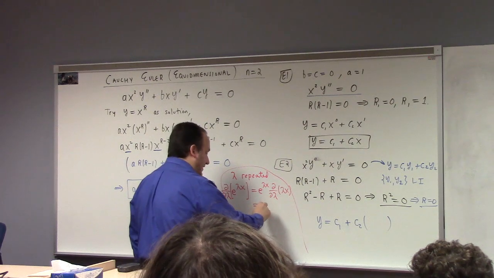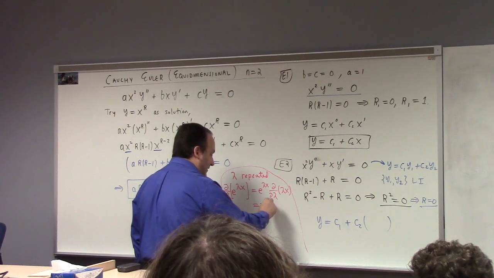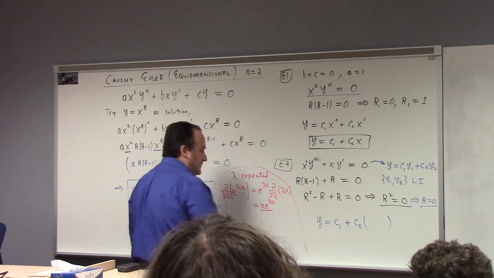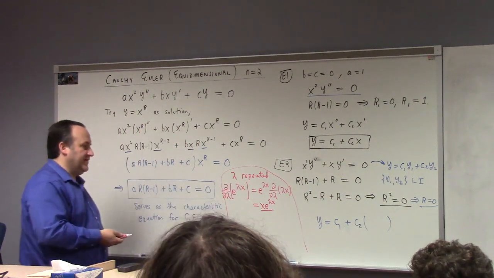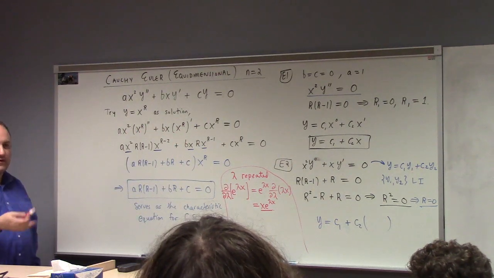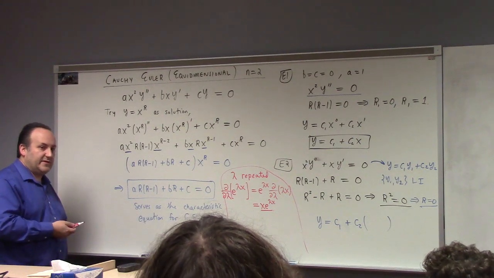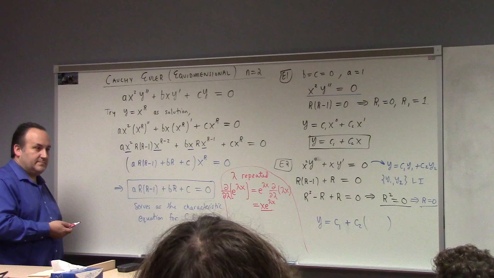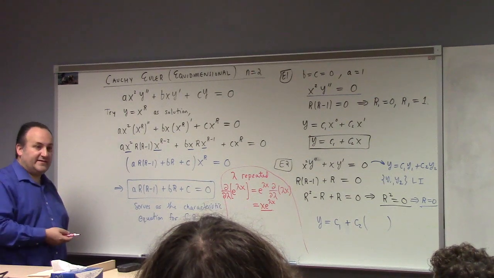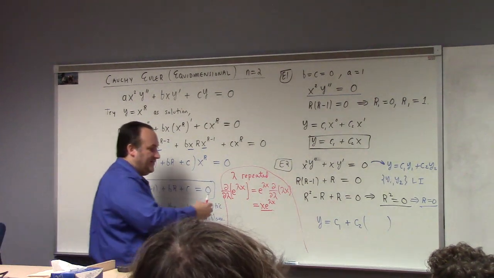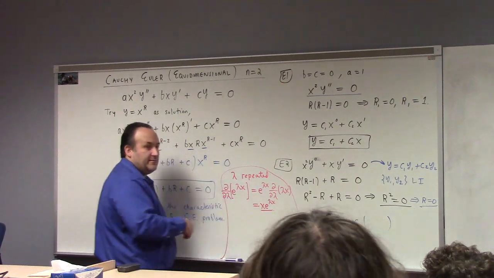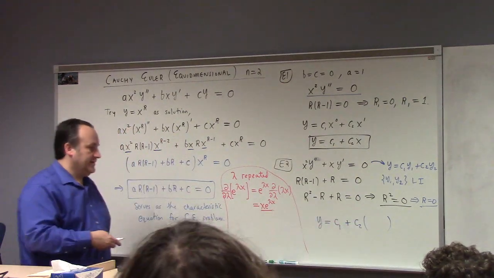This is just giving me x e to the lambda x, you see? So if we take the partial derivative of a solution that we already have with respect to the parameter of the solution, it will produce the next solution in the repeated root case. By the way, this continues working. If I take second derivatives with respect to lambda, I bring out the x squared, and so forth.